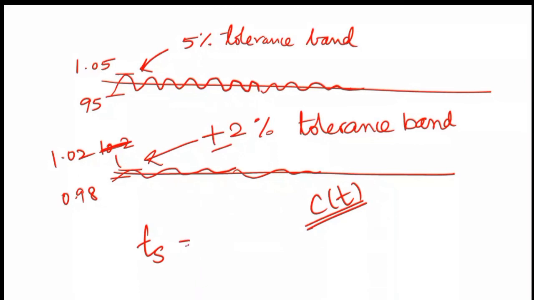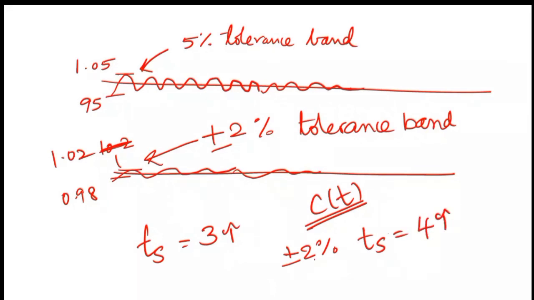The settling time for the response to attain the 5% tolerance band value is 3 time constants. And to settle down within the tolerance of 2%, it takes 4 time constants.